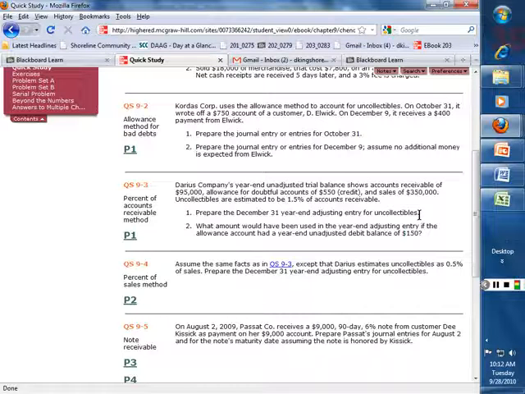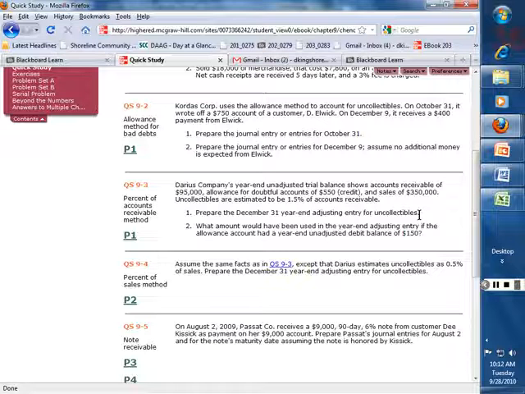I have to be very careful to acknowledge what is in the allowance and to make my journal entry work with that balance to get my desired end result in that account. What's your desired end result? You want to take the $95,000 worth of receivables times 1.5%. You come up with a calculated amount.